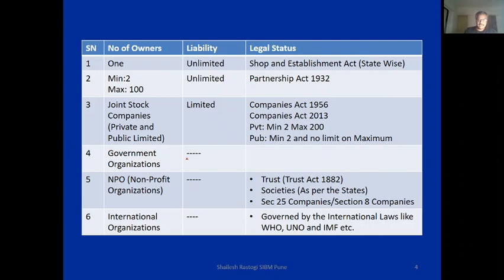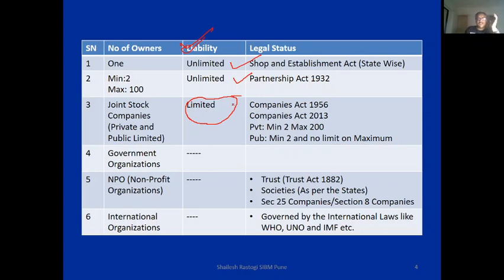As you are finding, liability is the most important thing here. Liability is unlimited in case of a sole proprietorship firm, and second we are talking about partnership firm. Here liability is limited, means if any problem comes and the company is unable to, let's say, repay the loan, then those who are the owners of the company, their personal properties will not be at stake.